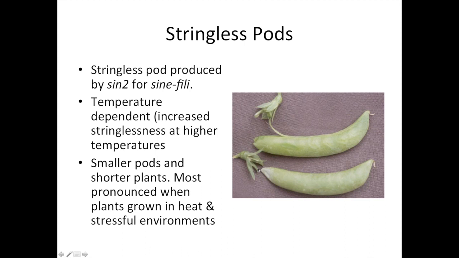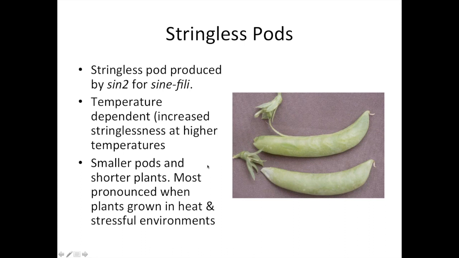Stringlessness is controlled by the SYN2 gene, or synphili, which means without strings in Latin. It's a temperature-dependent gene where under warmer conditions it's more strongly expressed, things are more stringless, and under cool temperatures you'll tend to see a string present in the pod.